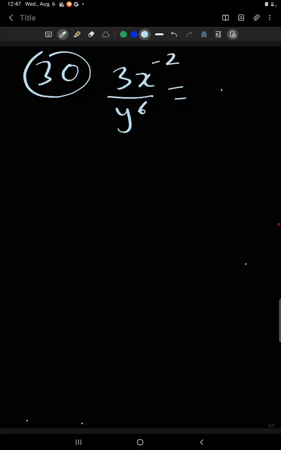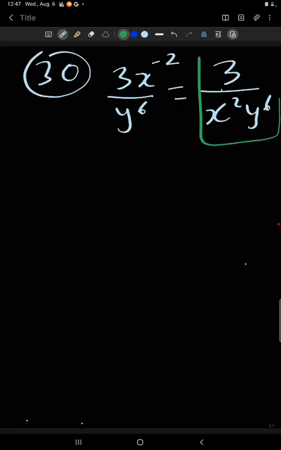So it becomes 3 divided by x squared y to the 6, and that's really a 6 here. Let me erase that and write that properly. Okay, so that's it for 30.